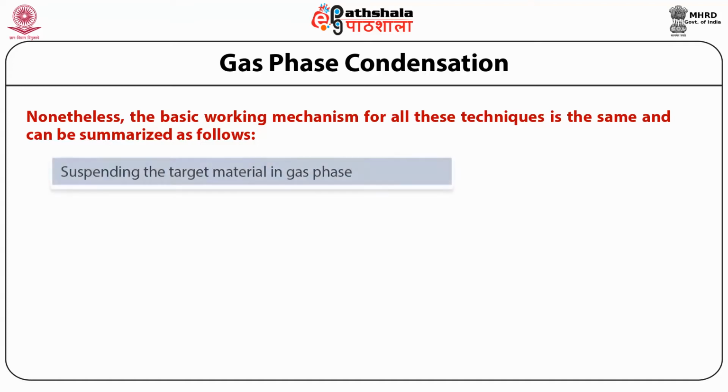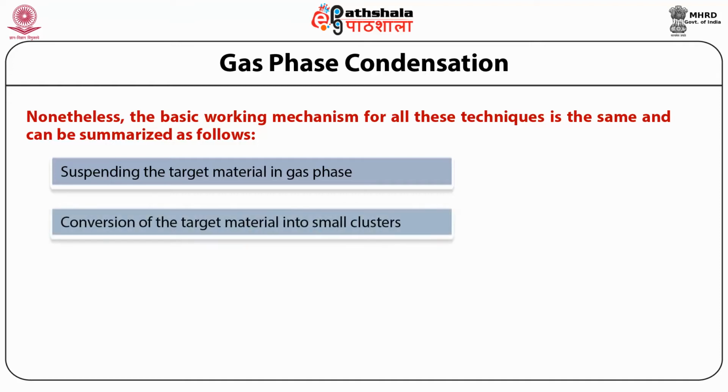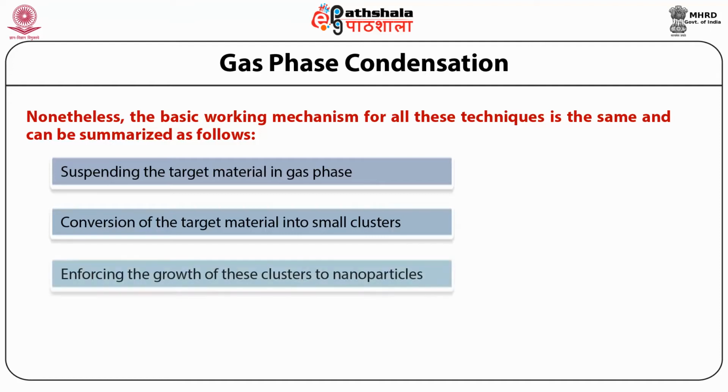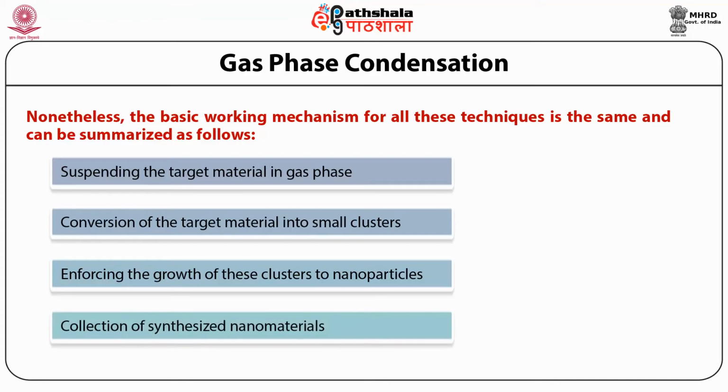First one is suspending the target material in gas phase. Secondly, conversion of the target material into small clusters. Third, enforcing the growth of these clusters to nanoparticles. And fourthly, collection of synthesized nanomaterials.